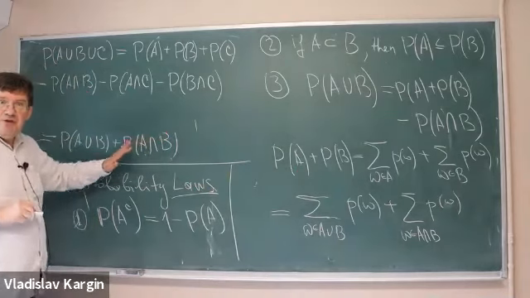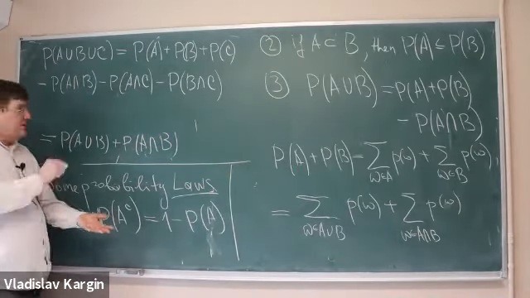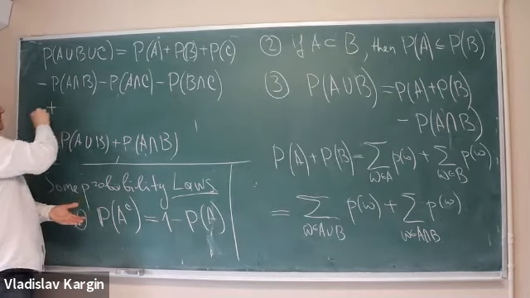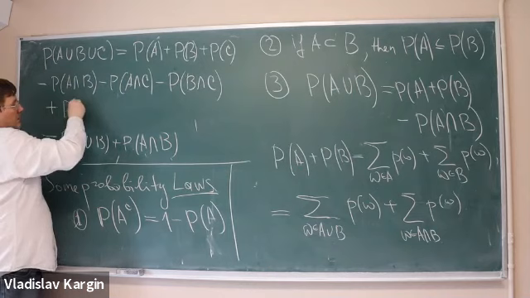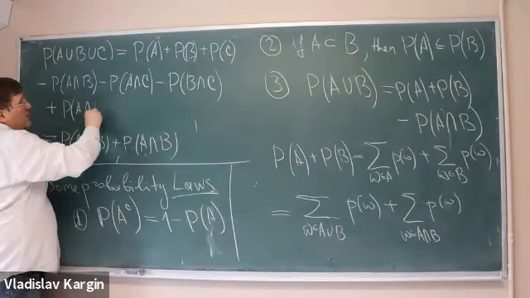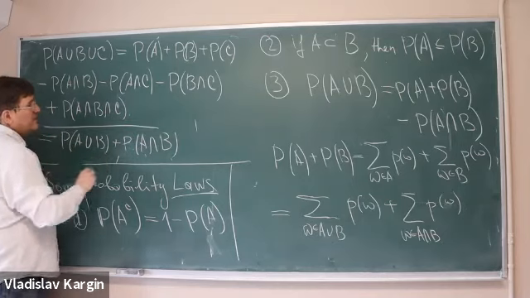It turns out that you need to add back some probability, and in this case, you need to add the probability of the triple intersection. And this is it.